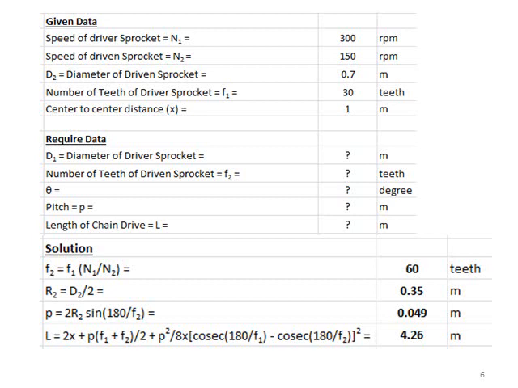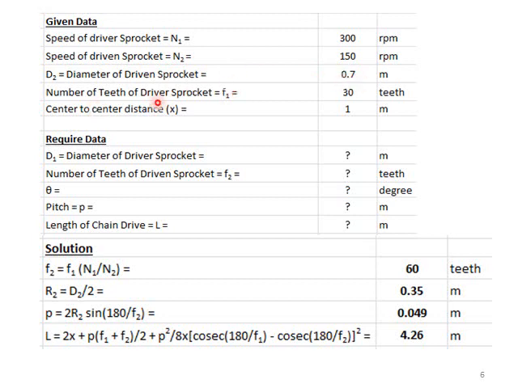So let's move stepwise. The given data is the speed of driver sprocket, represented by N1, which is 300 rpm. The speed of driven sprocket N2 is 150 rpm. The pitch circle diameter of driven sprocket D2 is 700 millimeter or 0.7 meter.